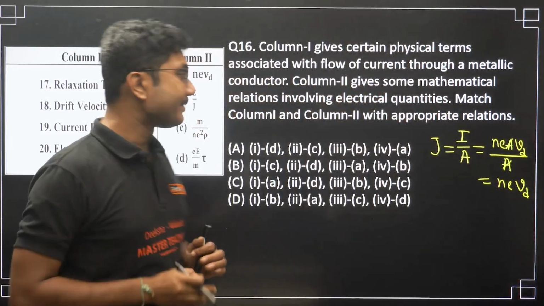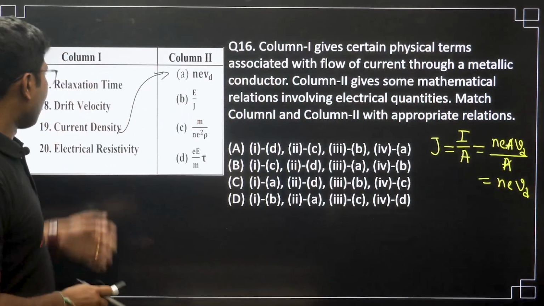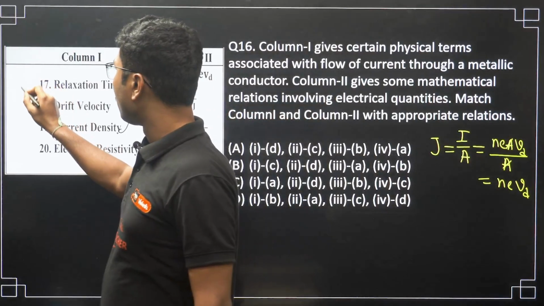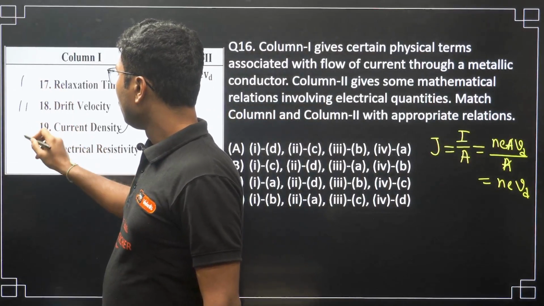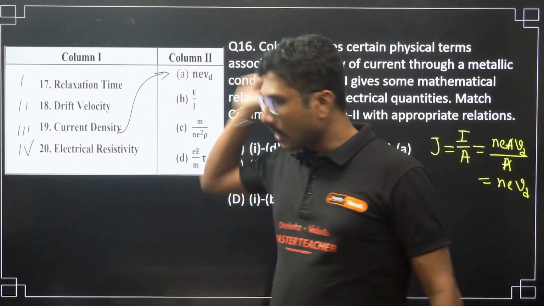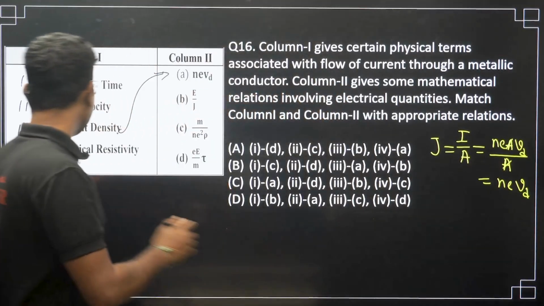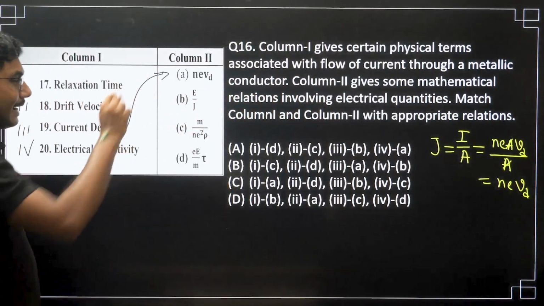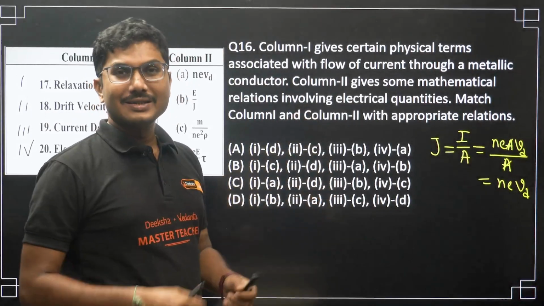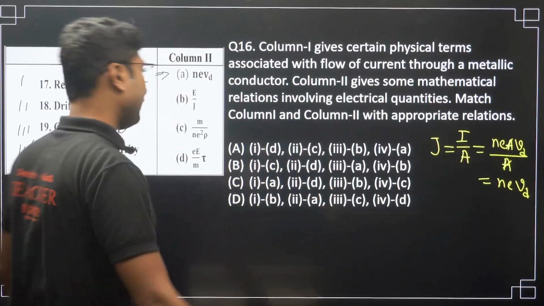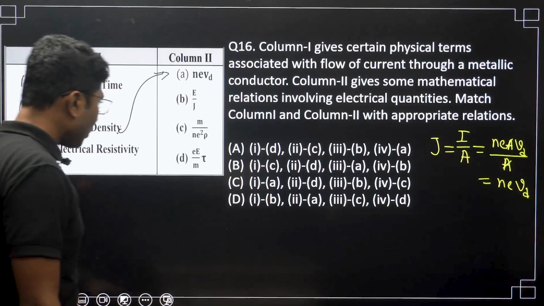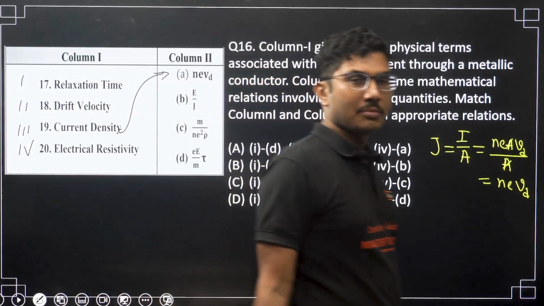Now the second step is to check. One more thing, there is one more error given here: this will be 1, 2, 3 and 4, the numbers are wrong. Anyway, we can see that 3 is matching with A. So now we will see how many of the options have 3 matching with A. If there are more than one, then we have to check another option that we might know.